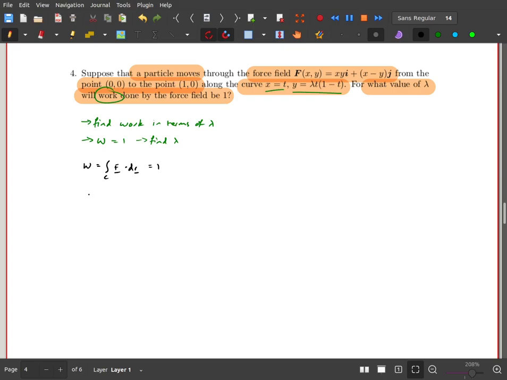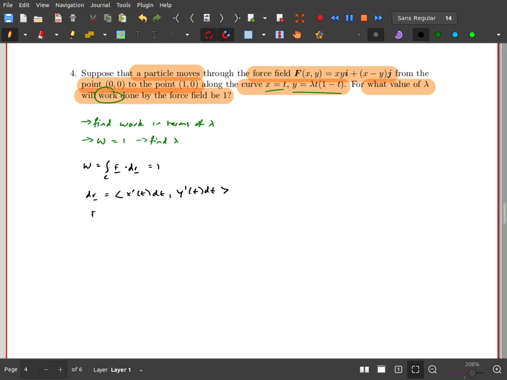So dr will be a vector of the derivatives, x prime t dt and y prime t dt. So that's converting dx, dy into terms of dt.